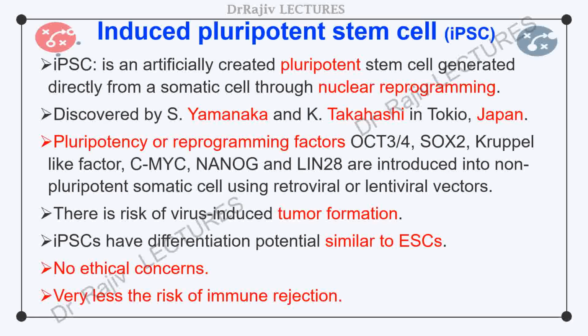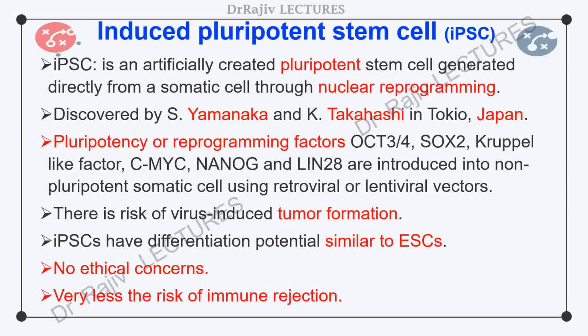Induced pluripotent stem cells are a type of artificially created pluripotent stem cell that can be generated directly from a somatic cell, such as skin fibroblasts or peripheral blood mononuclear cells. This technique was discovered in 2006 by Shinya Yamanaka and Kazutoshi Takahashi in Japan.